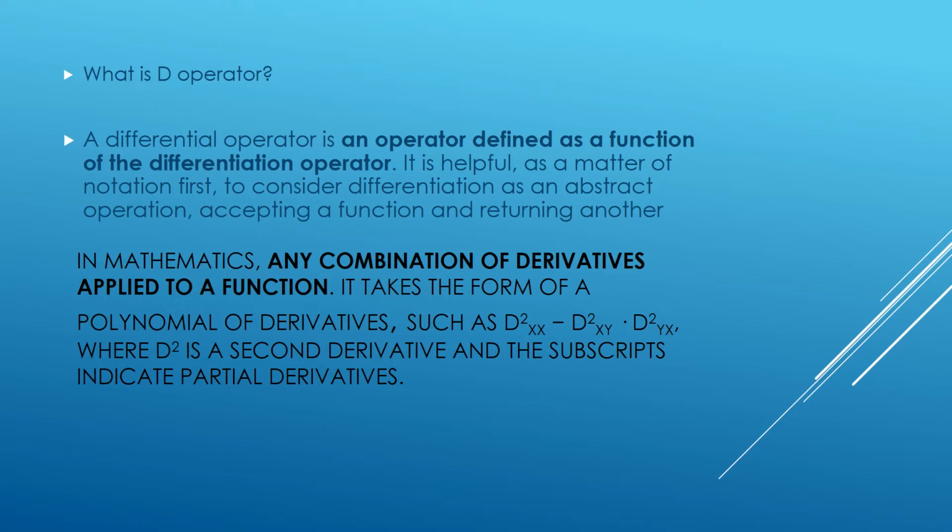It can be written in many forms, such as d square x with respect to x minus d square x y into d square y x. Here the d square stands for the second derivative of the given function. It indicates the partial derivatives also.